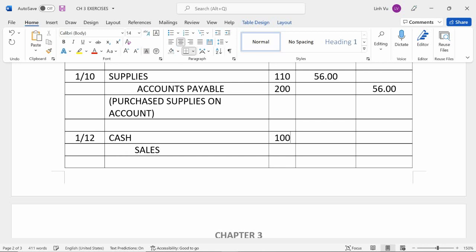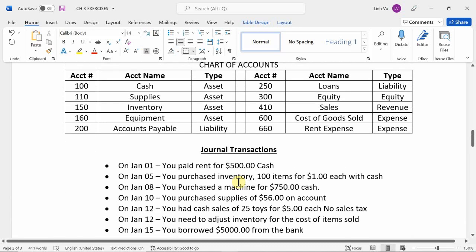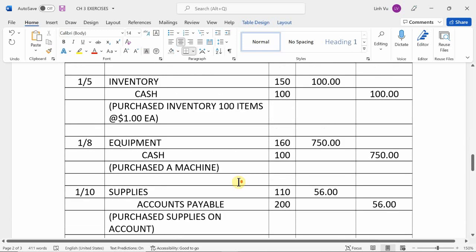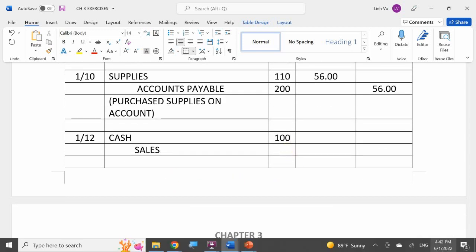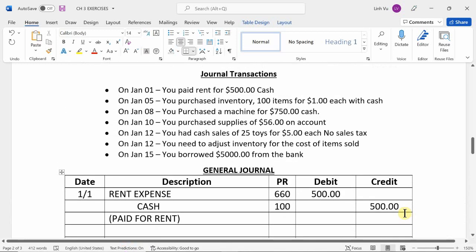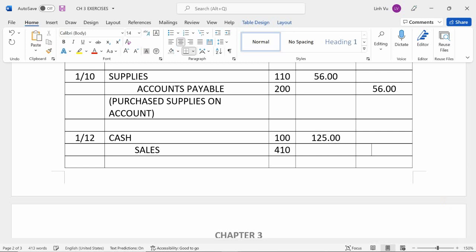Okay, so cash 100, sales is account number 410. Okay? And how much money did we receive from the sales? Okay, if we sold 25 toys for $5 each, you gained a total of $125.